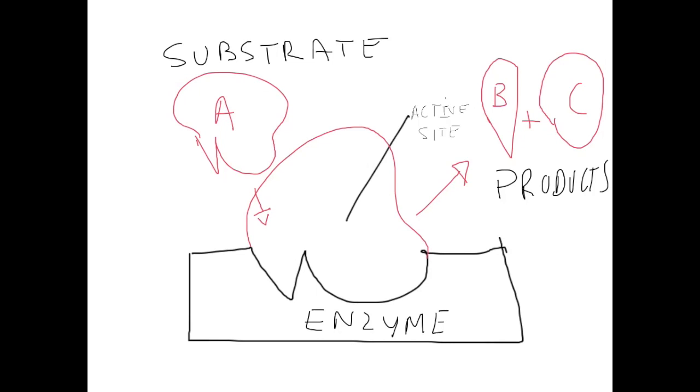Okay, I'm drawing with my finger, by the way, so it's quite difficult. So substrate A goes into our enzyme, and then a reaction occurs and forms B and C. Now the particular M8.1 said the induced fit model.